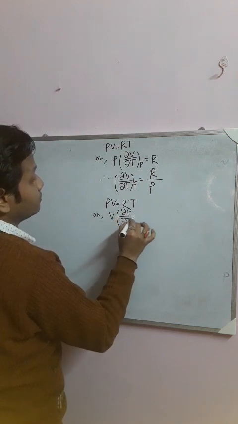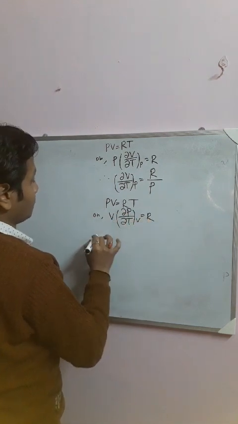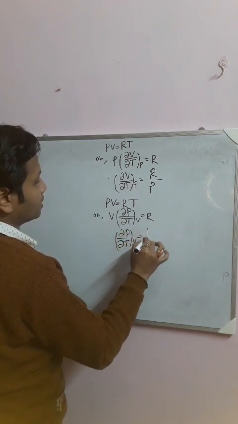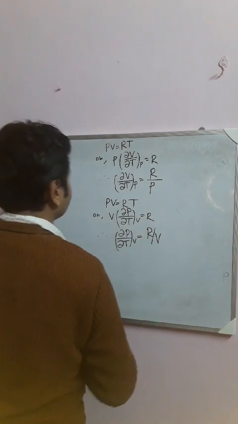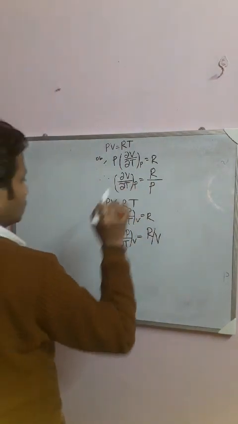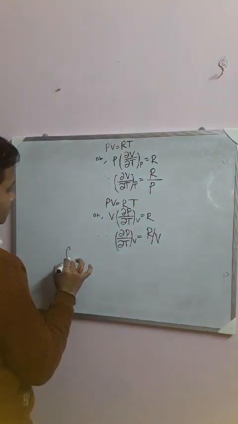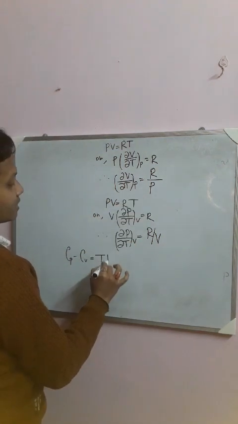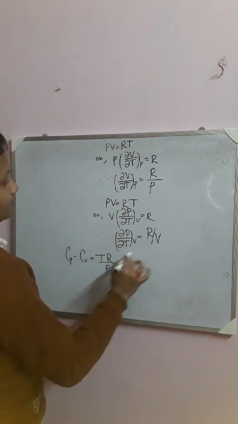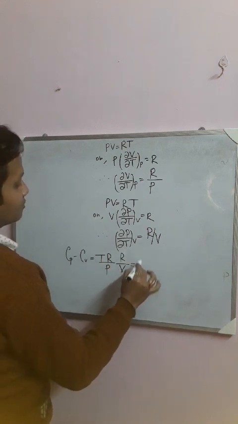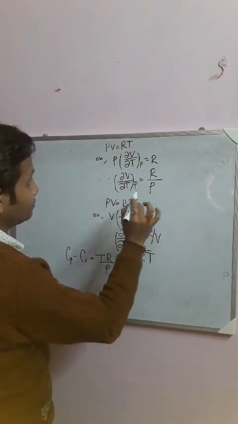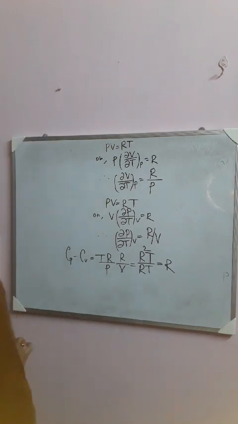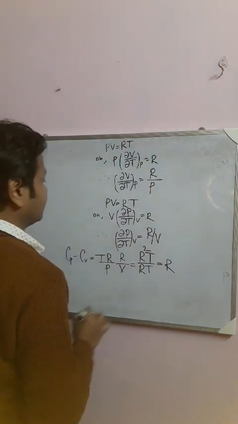So del P del T at constant volume equals R by V. If we substitute this in that relation, T into del V del T at constant pressure means R by P, and del P del T at constant volume means R by V. So this is simply R squared T over PV, and PV means RT. So what do we get? We get R. So it agrees with the one mole perfect gas equation.